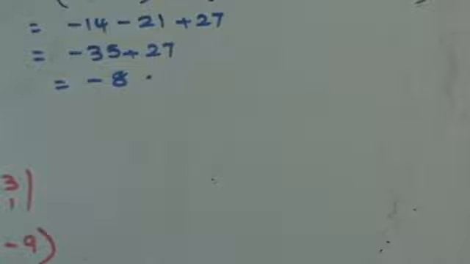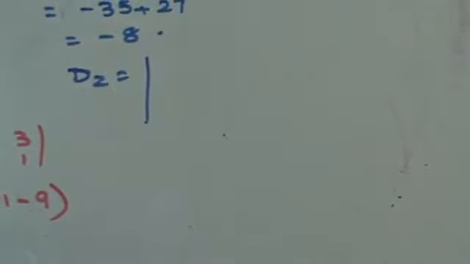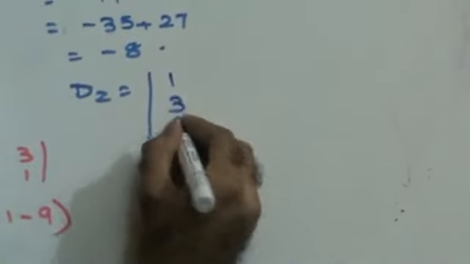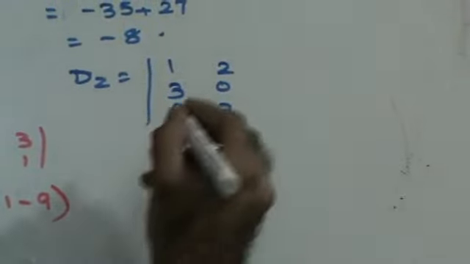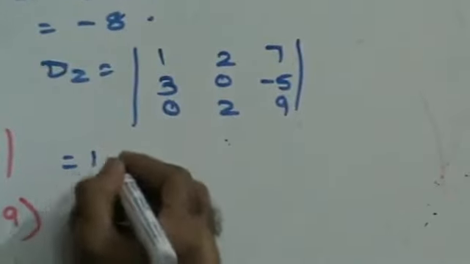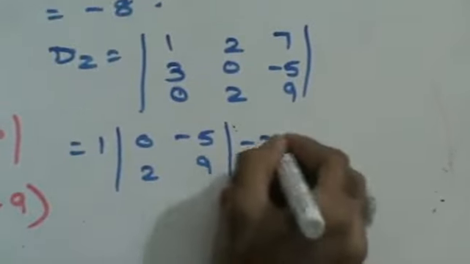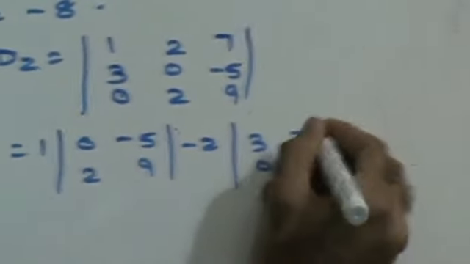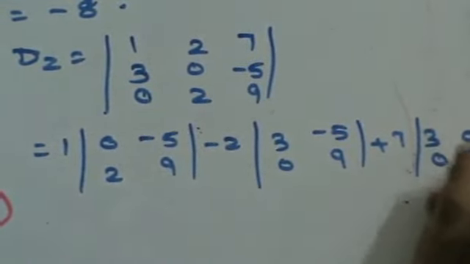Right? Then similarly I can find out dz. How do I find out dz? In the determinant d, substitute the coefficients of z with right hand side. So this is 1, 3, 0, 2, 0, 2, and instead of 1, 1, 1 I'll write 7 minus 5, 9. So this is 1 times 0, 2, minus 5, 9, minus 2 times 3, 0, minus 5, 9, plus 7 times 3, 0, 0, 2.